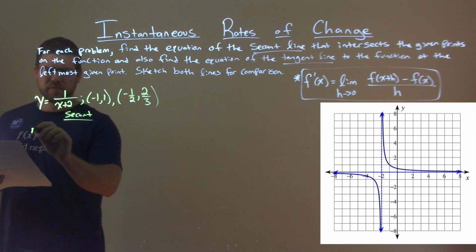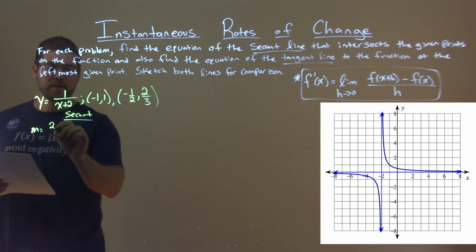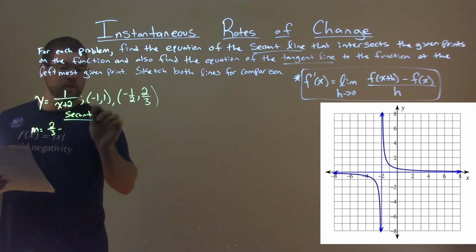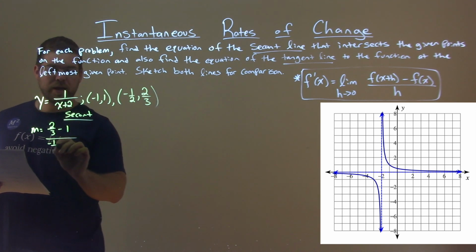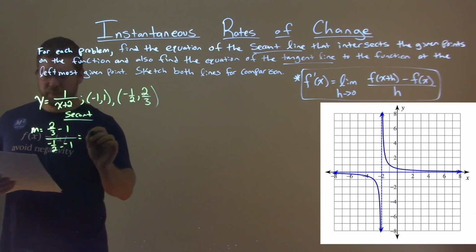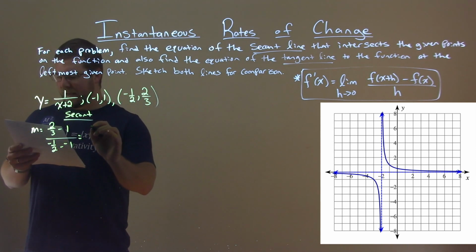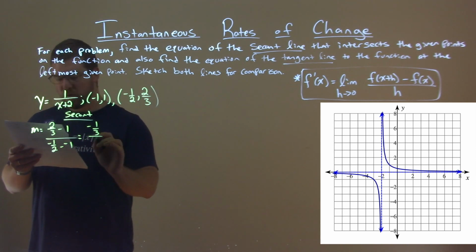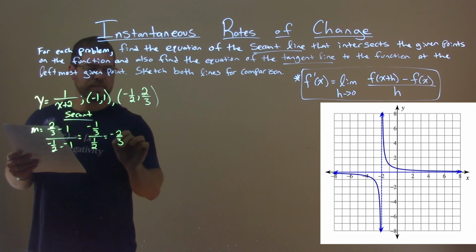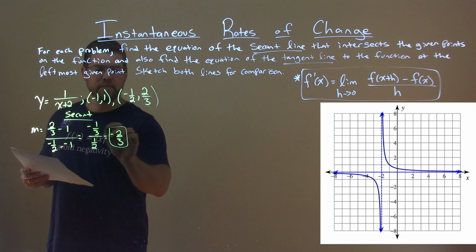So our slope is equal to y2, 2/3, minus y1, which is 1, over x2, negative 1/2, minus x1, negative 1. This comes out to be a negative 1/3 over 1/2, which hopefully you're pretty good at doing, as negative 2/3. And again, that's our slope value.